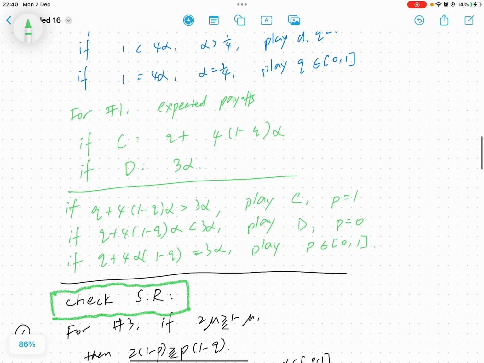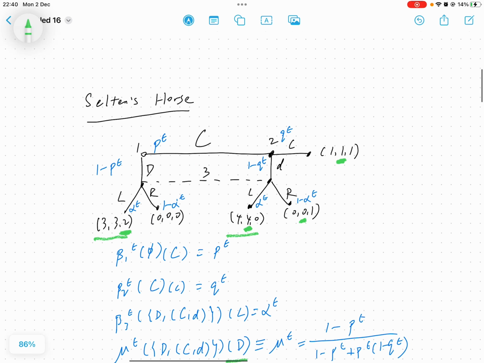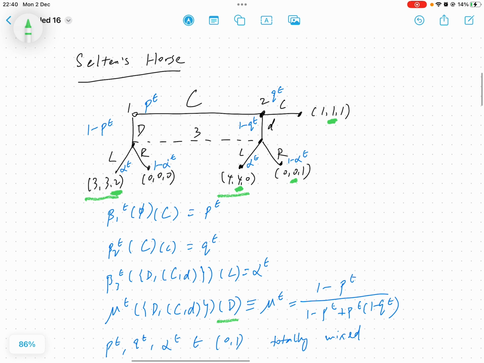Then we move upward and go finally to player 1. For player 1's expected payoff, let's see if player 1 plays C. If player 2 plays C, then player 1 gets 1. If player 2 plays D, then player 1 could either get 4 or 0, depending on player 3's action.